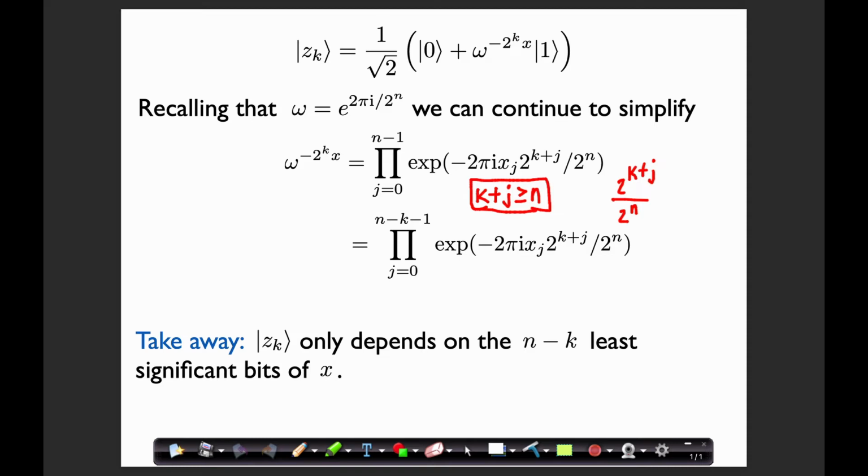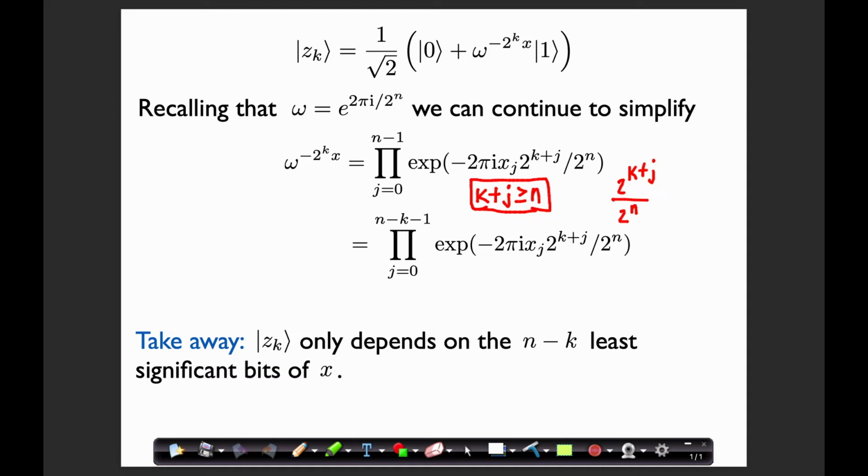So this is the second very important observation for implementing the Fourier transform as a quantum circuit: zk only depends on the n minus k least significant bits of x.